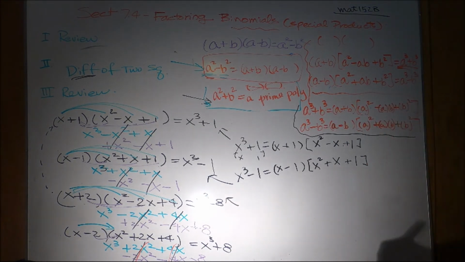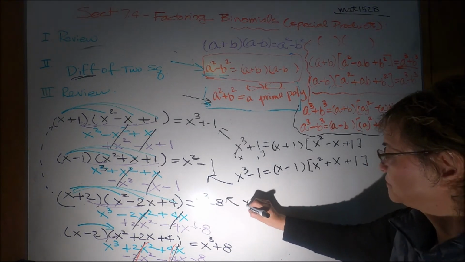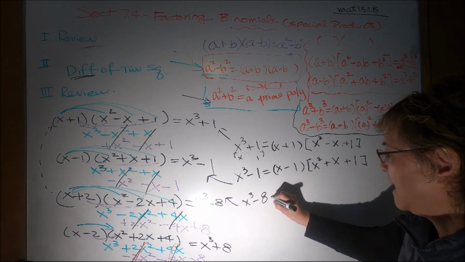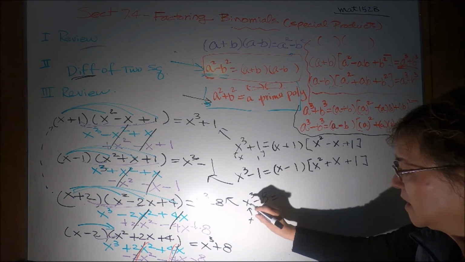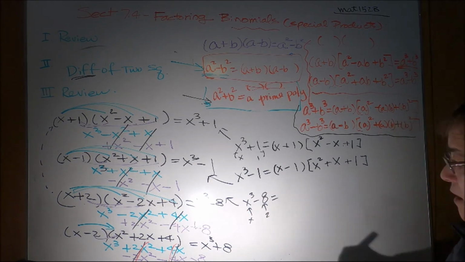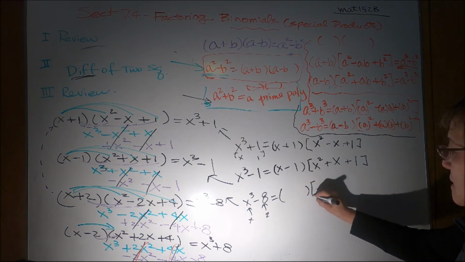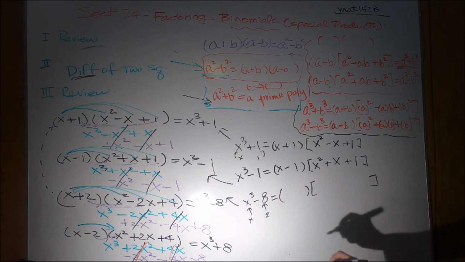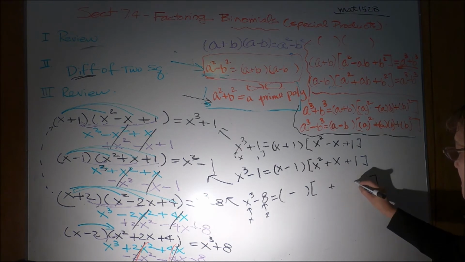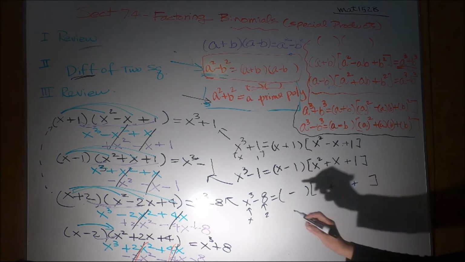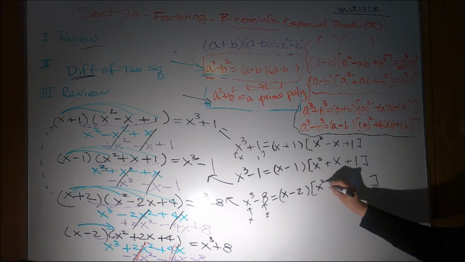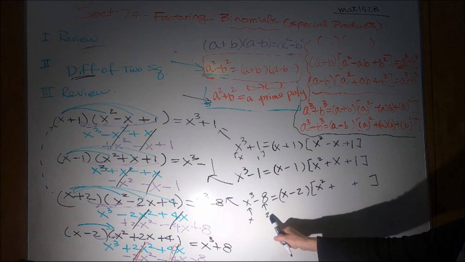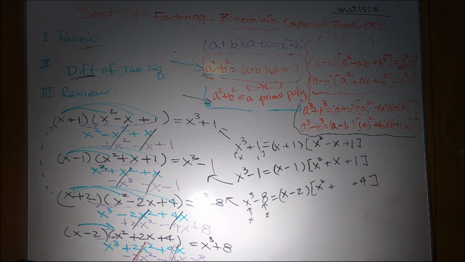So if we have this one, do I have a difference of 2 cubes? So that's x, take a cube. This one is 2, take a cube. So the formula tells us I should have what? Minus here, plus and plus, right? First one is what? These two numbers. Then this one is x squared, right? The last one is this square, which is 4. That's fine.